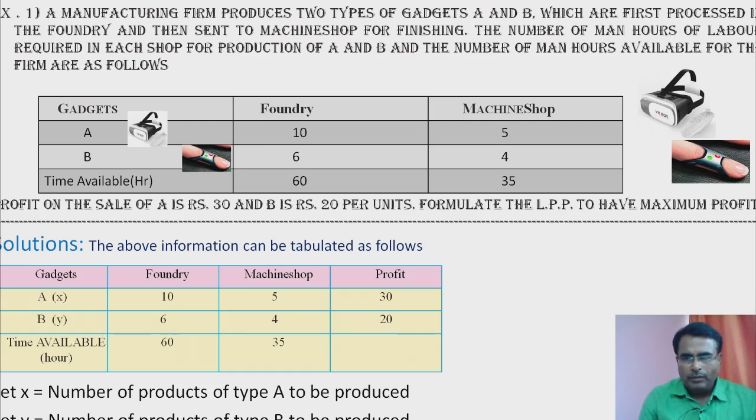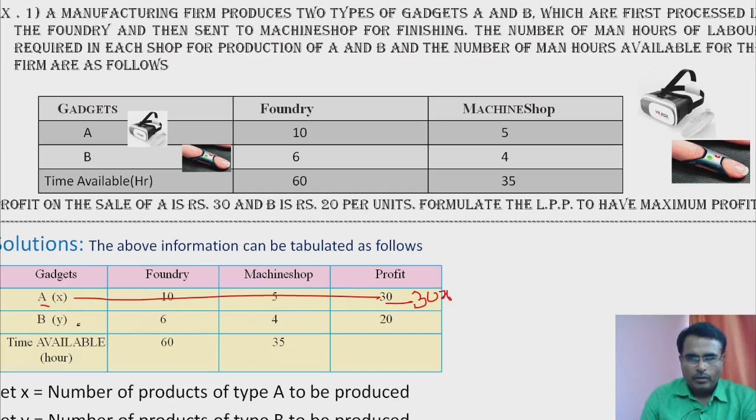Now our first aim is to form an objective function. Our objective is to maximize the profit, and profits are already given, rupees 30 for A and rupees 20 for B. Here 1 unit of A gives rupees 30 as a profit. So x units of A give 30x as a profit.